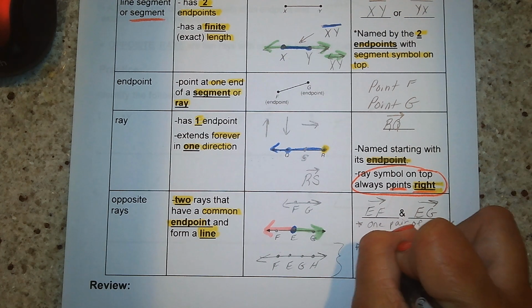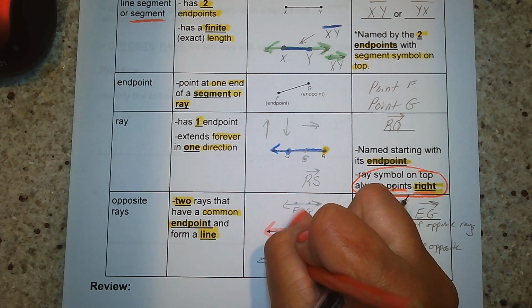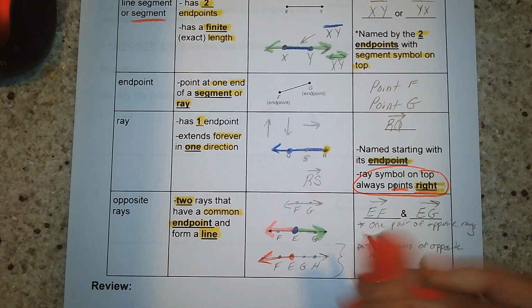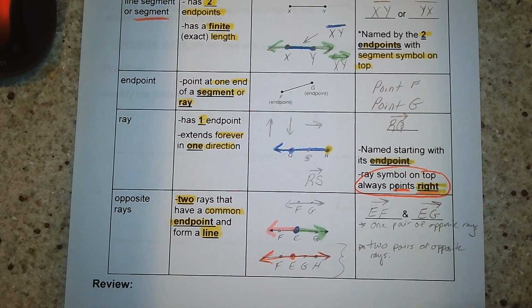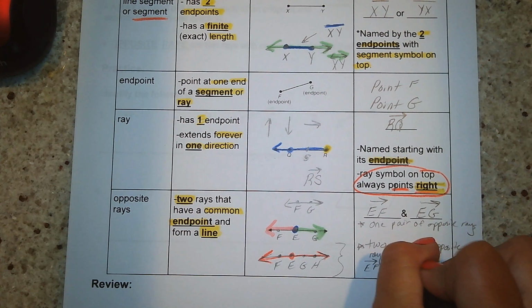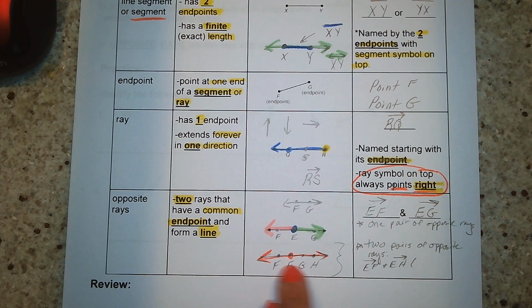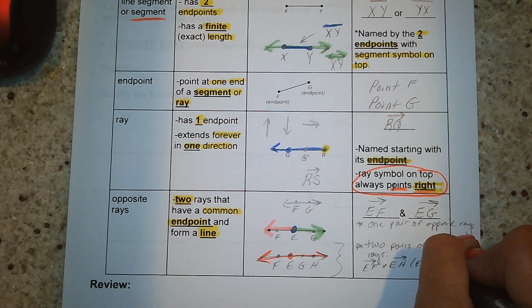Okay, let's look at what they are. One, again, we can start with E, and we can do E towards F, and we can do E towards H. So we have EF, again, arrow points right, and E towards H, arrow points right, always. But EH is also the same as EG, so you can pick whichever letter you want there.